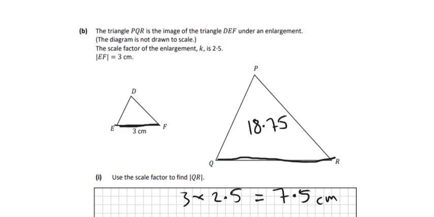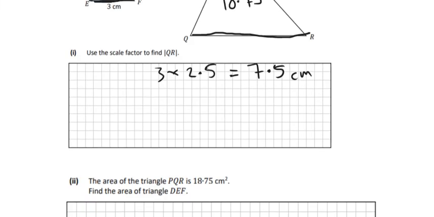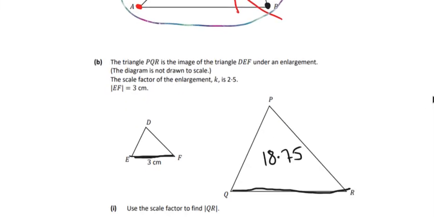Now, one of the biggest things to remember here, when you're dealing with area and scale factors, is that to get from the area of the small one to the big one, you don't actually multiply by the scale factor, you multiply by the scale factor squared. So you multiply by k squared, because k is 2.5 here. That's the rule with area.